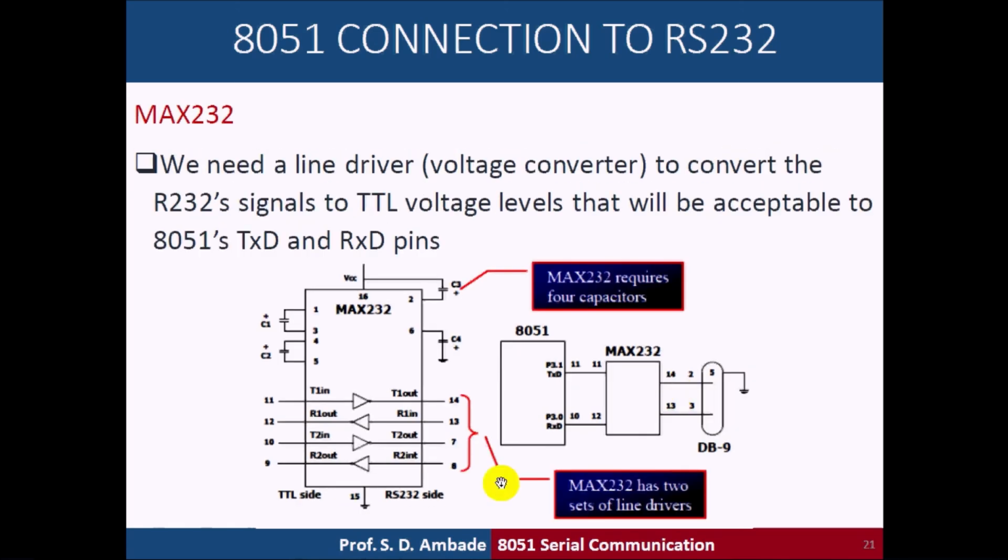Pin number 14, T1 out, and pin number 13, R1 in, are connected to pins 2 and 3 of the DB9 connector, which are the TXD and RXD pins, and pin number 5 of the DB9 connector is grounded. So this is the block diagram of how to design serial communication with 8051.